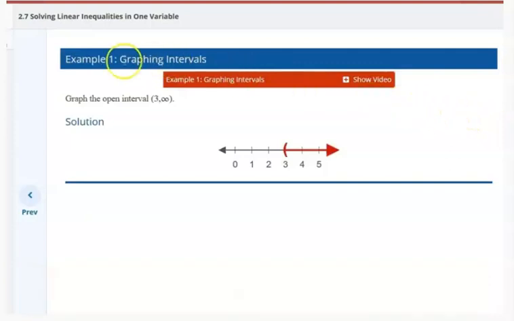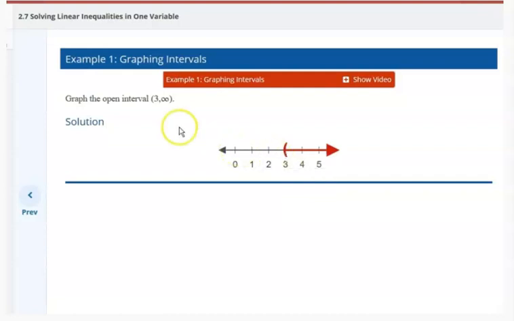In this item now, it'll be example 1, and draw a number line. It says graph the open interval 3, positive infinity. So on your number line, we're just interested in the 3, so you can shorten this up somewhat, and draw a parenthesis.